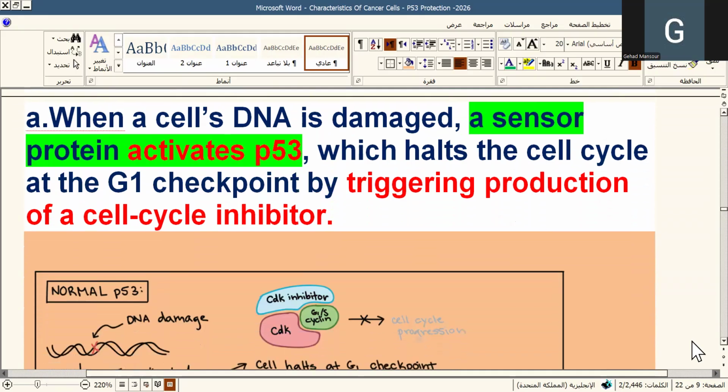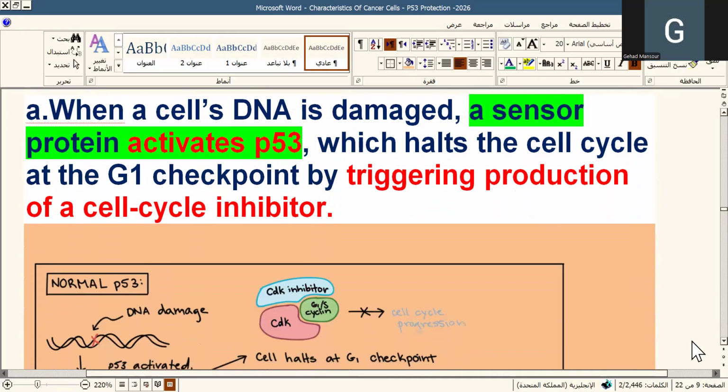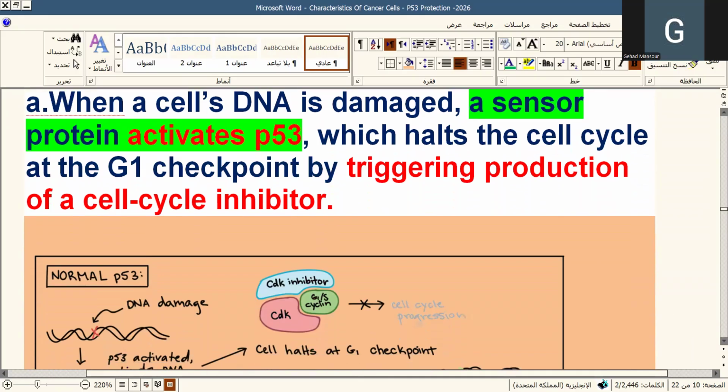As I've just said, and here we are going to see in the diagram, there is a sensor protein that detects any damage in DNA if present, and in response will activate the inhibitory protein P53. And of course, the response of P53 is the immediate halting of the cell cycle by synthesizing an inhibitor.